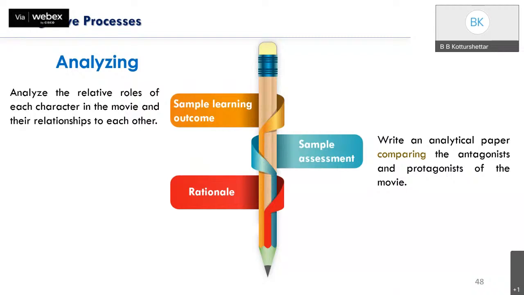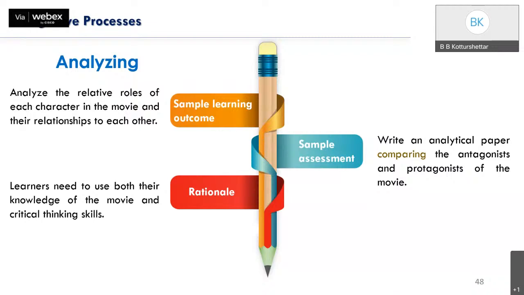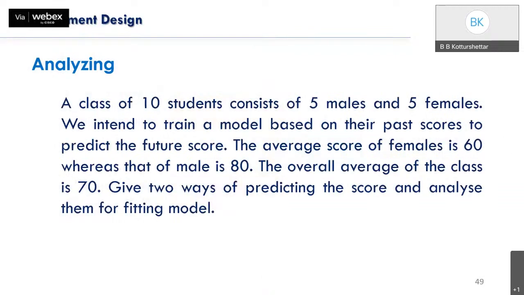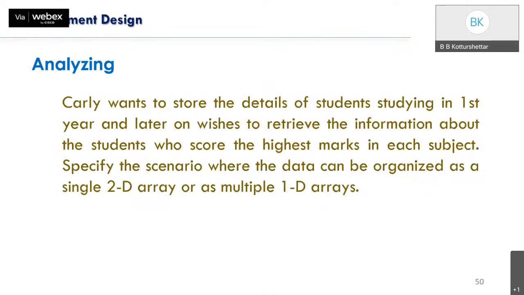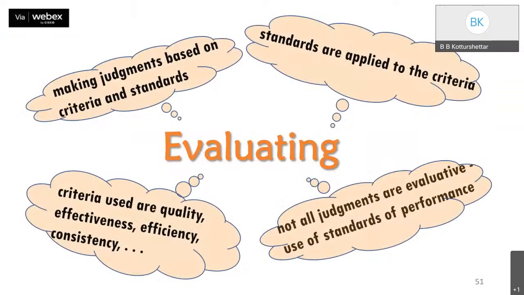The rationale is that learners need to use both their knowledge of the movie and critical thinking skills. That is why it is a higher order level. Some questions are all there in the exam reforms policy document. For paucity of time, I am running through the slides.